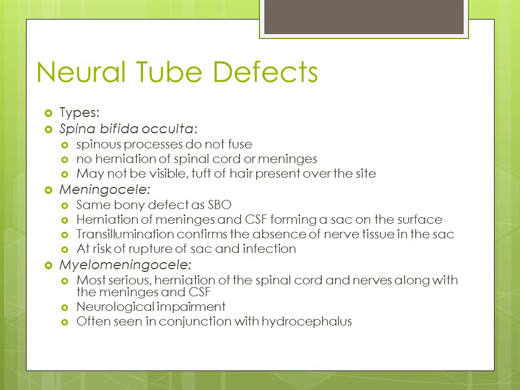With the myelomeningocele, it's the spinal cord, all of the nerves, the meninges, and the CSF. So it's very, very severe. And they're going to have some neurological impairment. And this is a condition that's commonly also seen with hydrocephalus, or increased accumulation of cerebrospinal fluid due to inability to circulate the CSF properly.